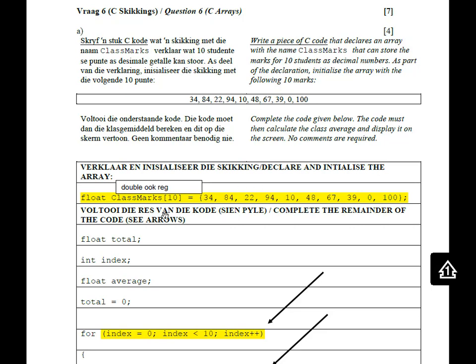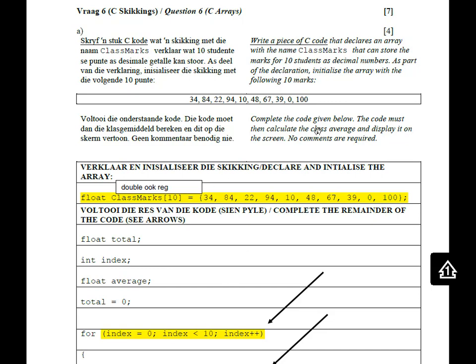That's the first part of the question. Let's do that first. We're going to use float. The array's name is class marks. You could have also used double. In square brackets, the number 10, because we know there are 10 values. It's also stated in the question. It is equal to the curly brackets with all these numbers that we give you. So that's how you initialize the array.